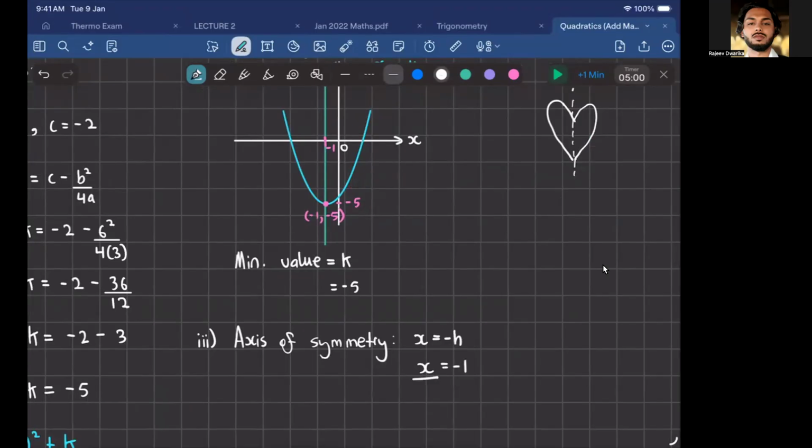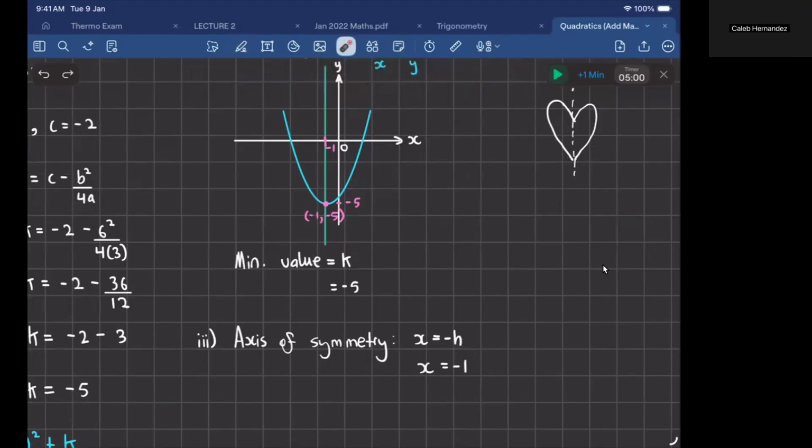You need to put the x part because, Caleb, when you hear equation, you think of equal, right? When they ask you for the axis of symmetry, they're talking about an equation. The line passes through -1 on the x-axis, hence you would say x is equal to -h.